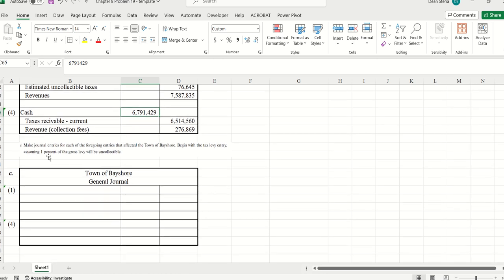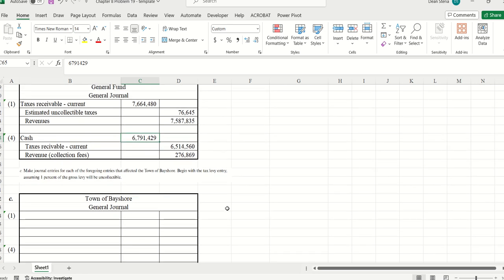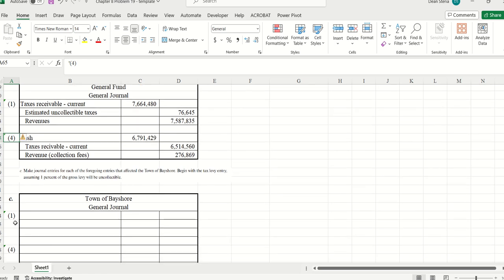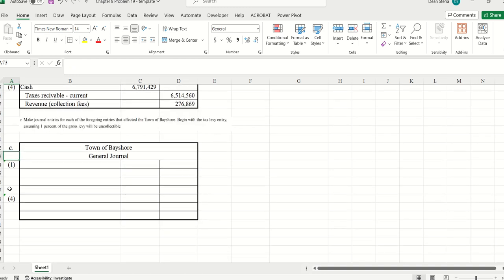Okay, and then it says make journal entries for each of the foregoing entries affecting the town of Bayshore: tax levy entry, assuming 1% will be a loss. And I forgot to mention, this has to do with our first journal entry, and this one is related to our fourth entry. And now for part C, it's going to be the same thing. We're going to have 1 and 4.